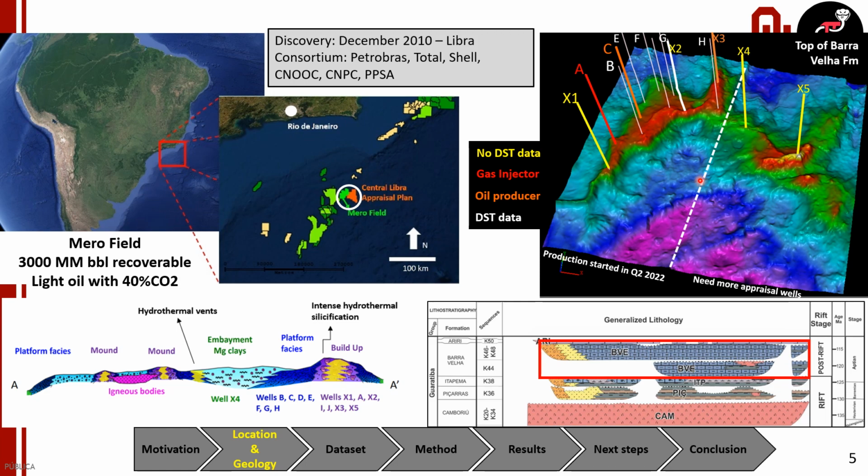And it is adjacent to an underexplored area, the Central Libra area, where we have only 2 wells drilled so far, one discovery well and one dry well. Both areas are covered by the same seismic survey. In this way, any machine learning pattern identified here can be immediately extrapolated to the Central Libra area.